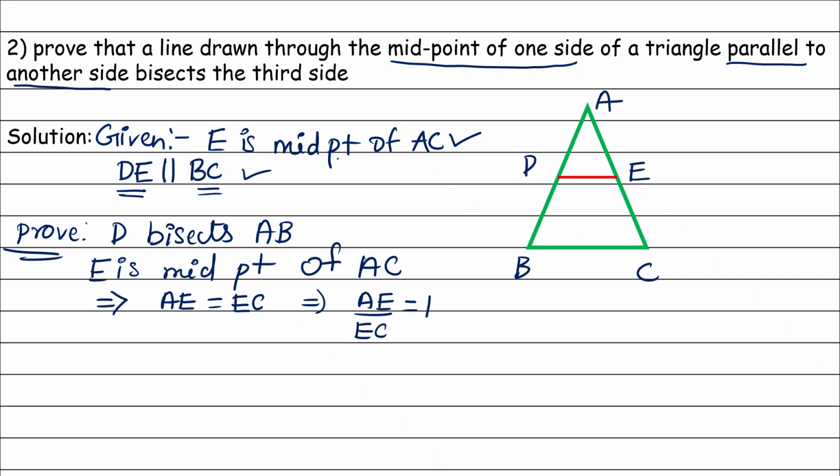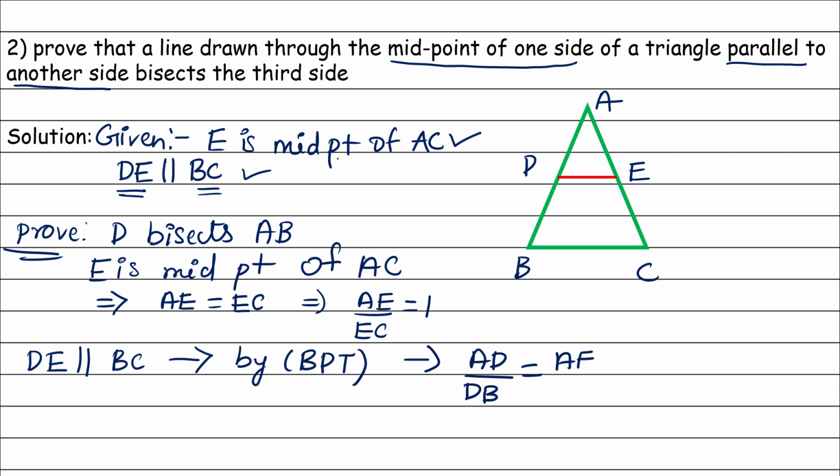And we know that DE is parallel to BC, which implies by BPT theorem in triangle ABC, AD by DB is equal to AE by EC, and AE by EC is equal to 1.